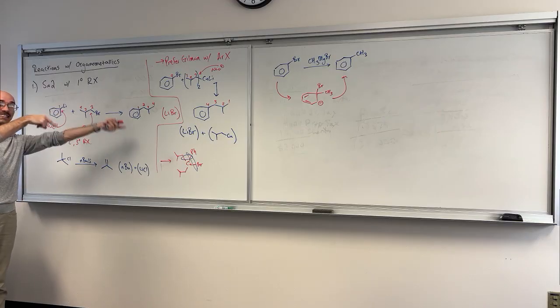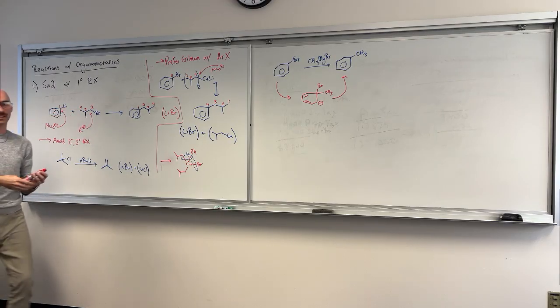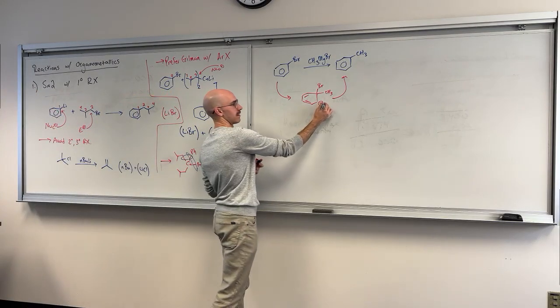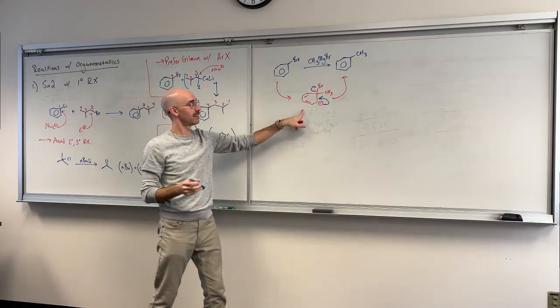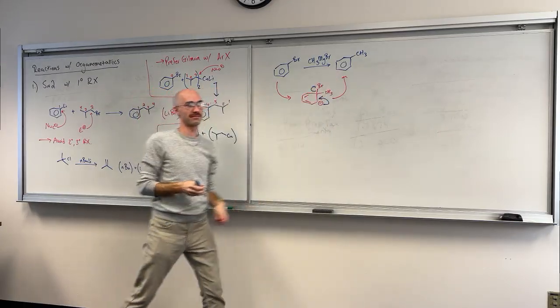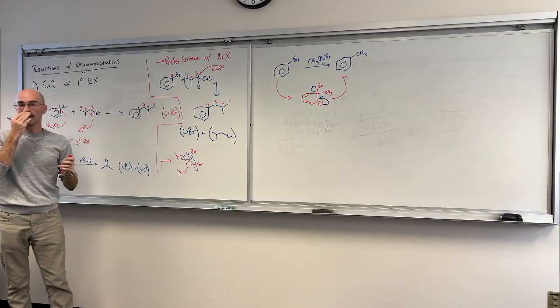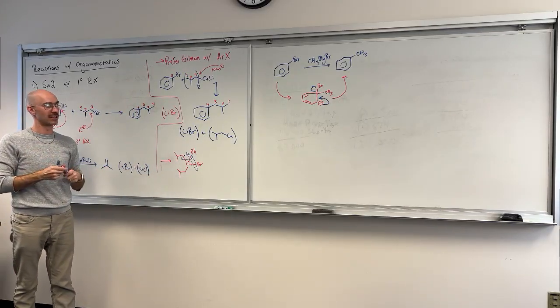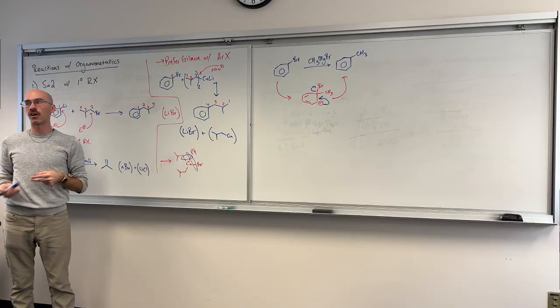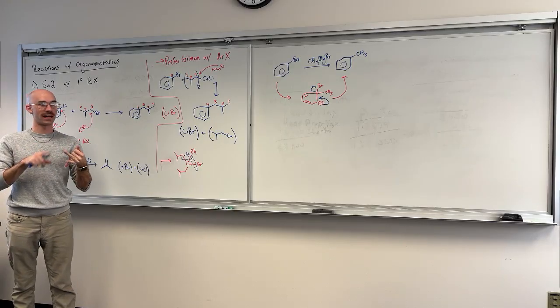It's a backside attack. And this is not a backside attack, correct? This is addition followed by elimination, as all aromatic substitutions are. So this is SNAr. Not SN1, not SN2.